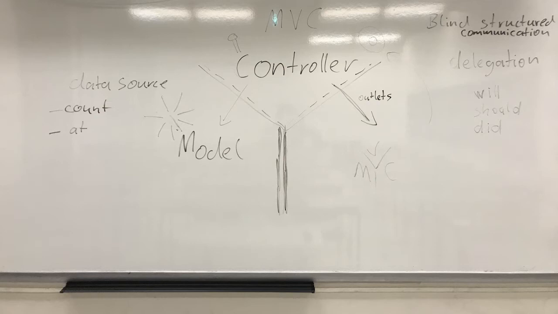So let's create a little diagram. So we have the controller, and then we have the model here, and the view here.